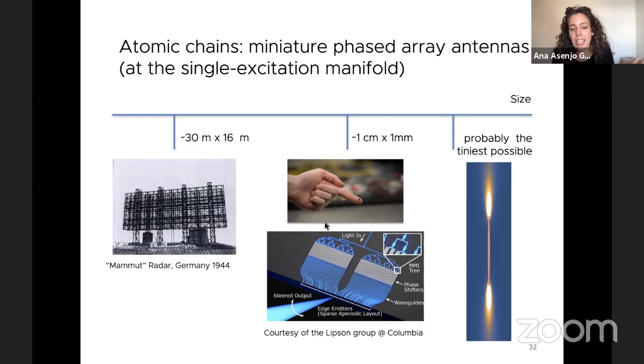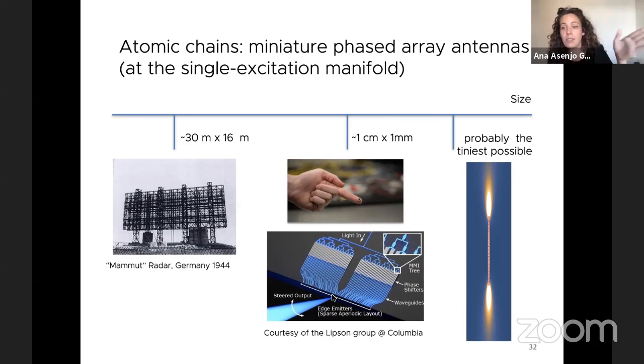And nowadays photonics groups use this for LiDAR, for instance. They place chips that they fabricate, and they can tweak the phases between the different emitters. This makes the radiation directional, using these laws and this directionality that I was mentioning before.